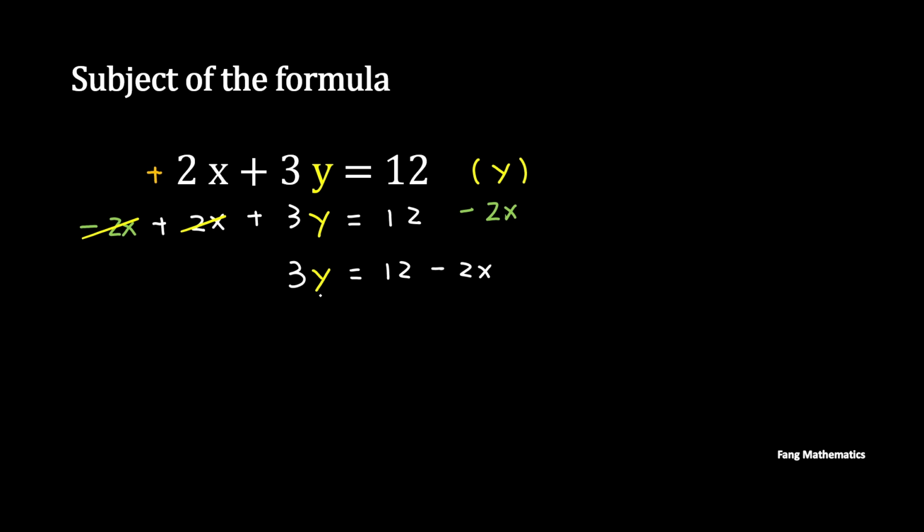And you can see that we want y on its own, not the 3 that is attached. So we assume the 3 is being multiplied to y, so we are going to perform division. I am going to divide 3y by 3 to get my coefficient as 1. So the numerator 3 gets eliminated with the denominator 3, leaving you just a y.